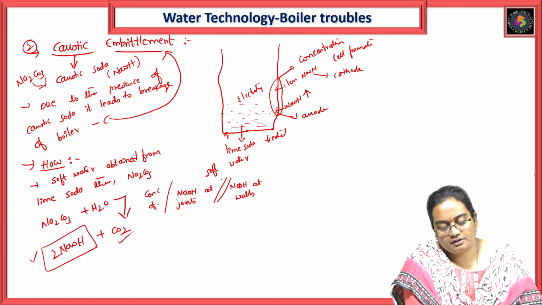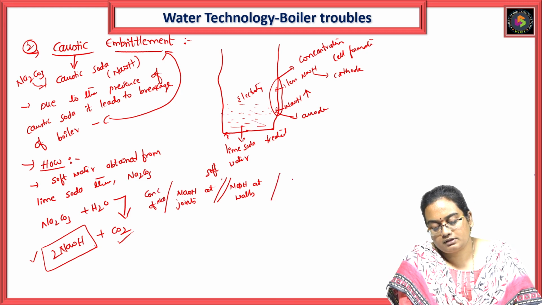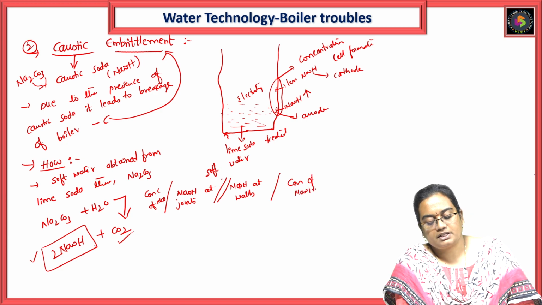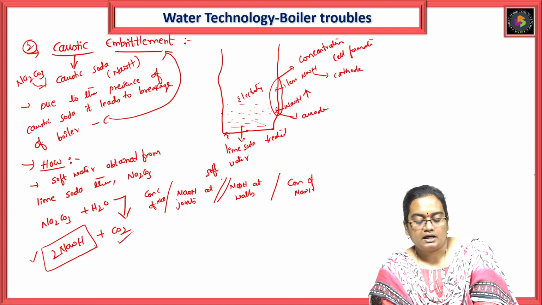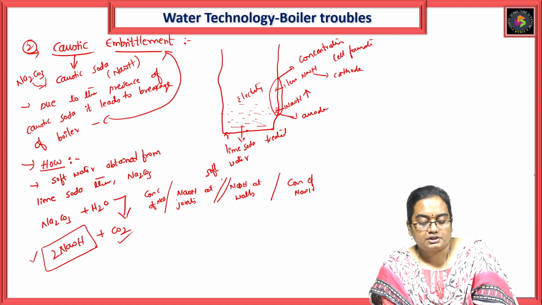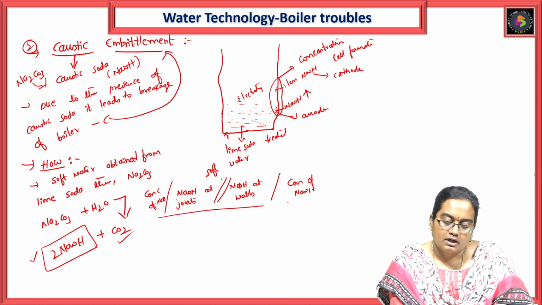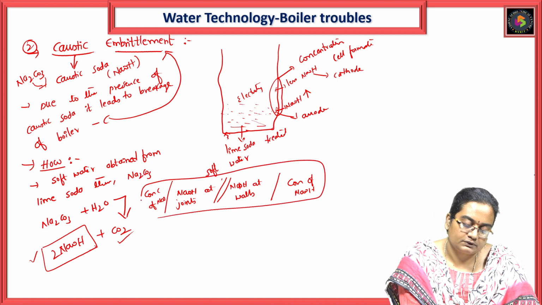Concentration of NaOH at joints and concentration of NaOH at walls. Here, what is forming? It leads to a cell formation.